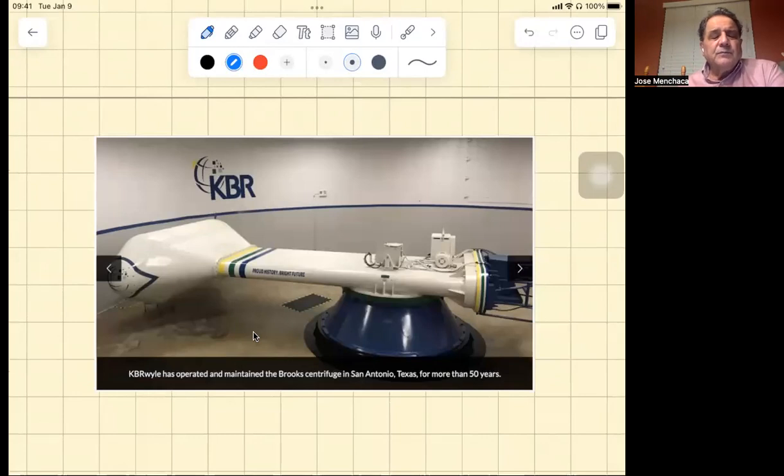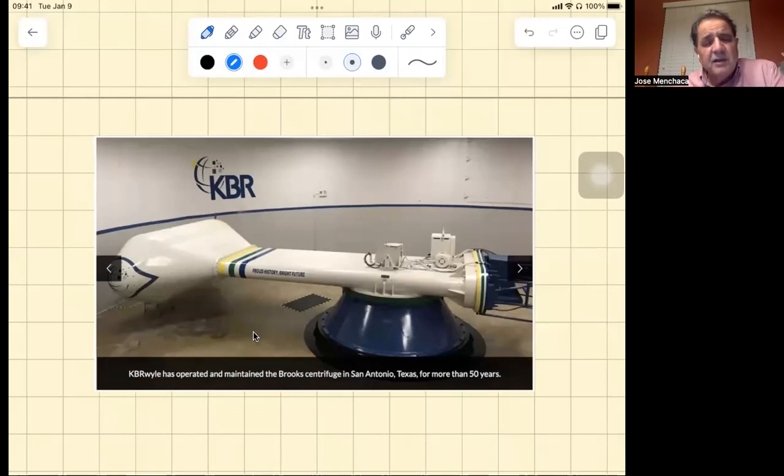This is where we train our pilots to withstand the kind of G forces that they come across when pulling a jet through very tight circles. If they're not careful, they pass out and they could conceivably crash their airplane. So they train them how to counteract the strong G forces.